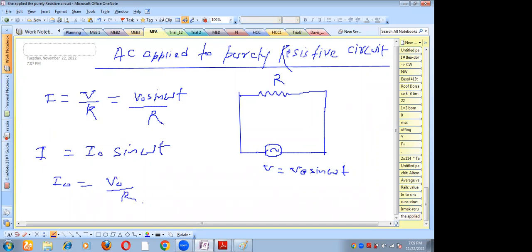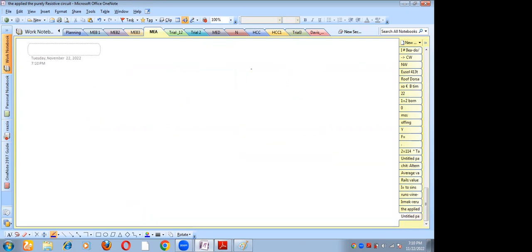So in a purely resistive circuit, we can simply apply Ohm's law and calculate the current. If you draw the phasor diagram, you can see current and voltage are in the same phase, right?